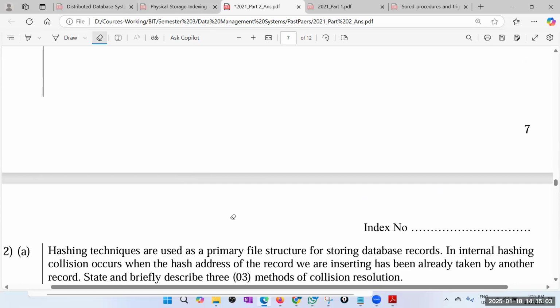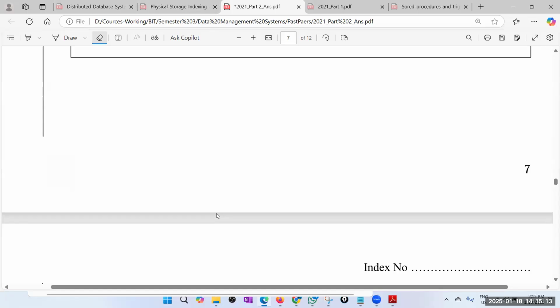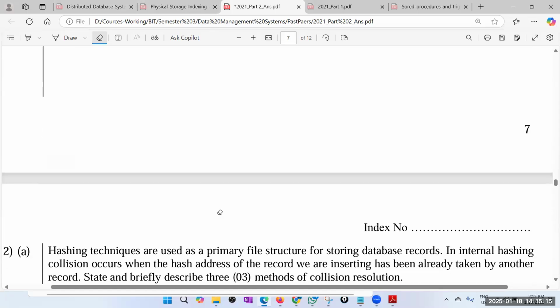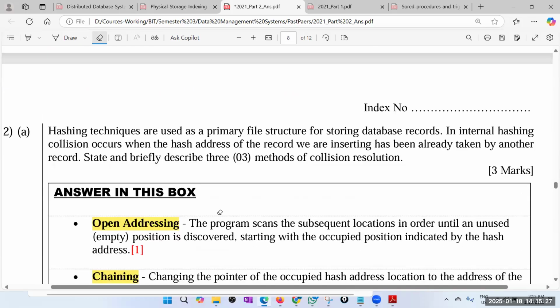Then you can look at the nearby values and put it there. Or double hashing: if the first hash algorithm results in a collision, you use your alternative algorithm. If that also results in a collision, only then you use another approach like separate chaining.